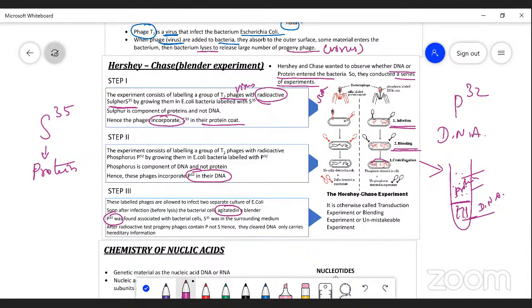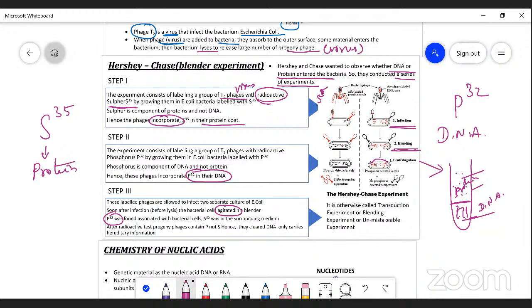After the infection, these labeled phages are allowed to enter the bacteria. Before lysis, the bacterial cells are agitated in a blender. So P32 was found inside the bacterial cell, and sulfur, that means S35 radioactive substances, are present in the surrounding of the cells.